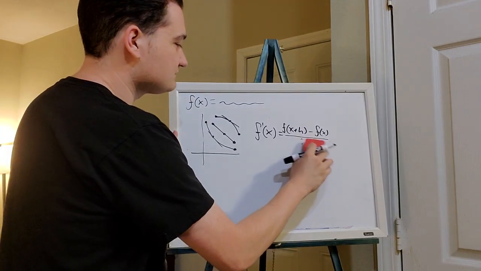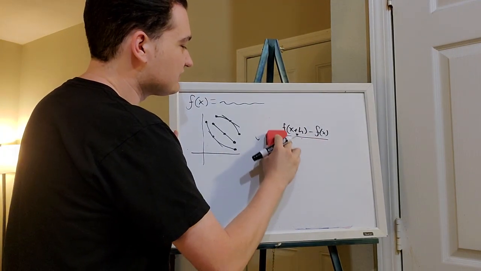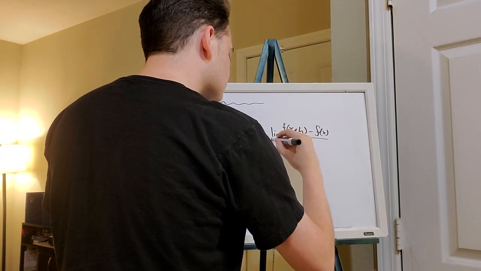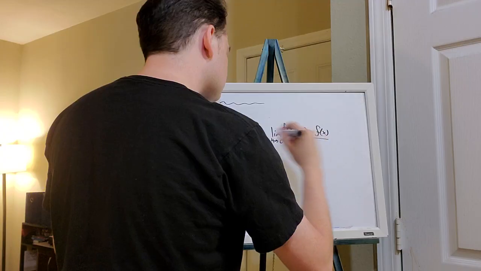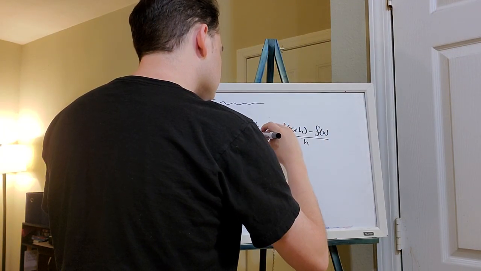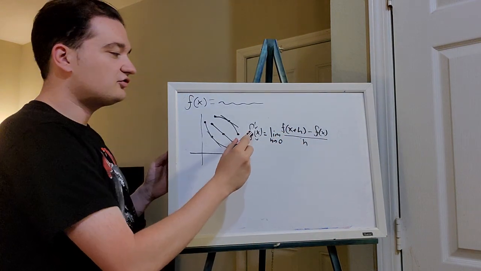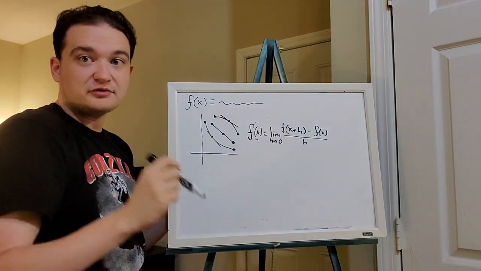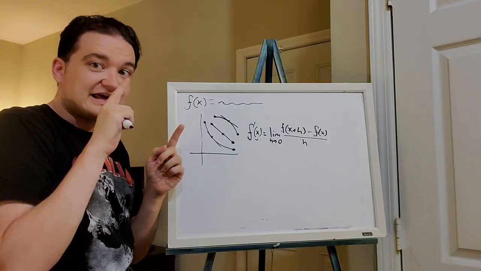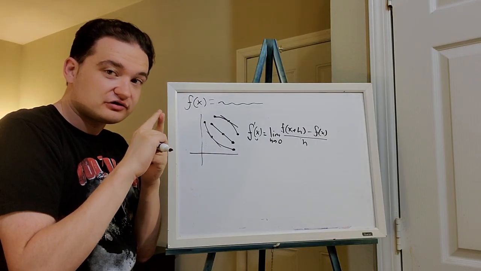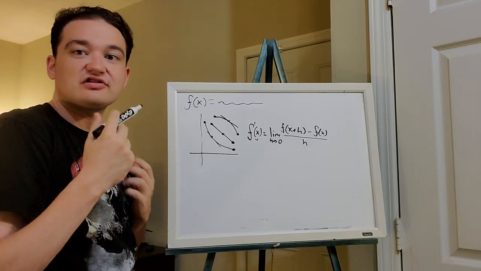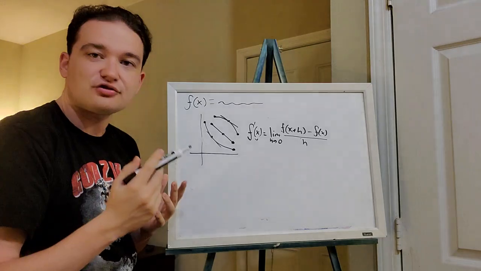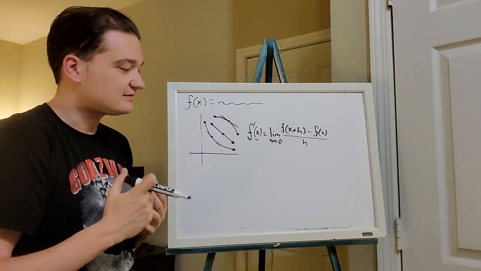That should be an h. So let me erase a fair bit of this. The derivative equals the slope between 2 points of the function as we bring them closer and closer together. Derivative is just slope at a point. This here, the slope of this tangent line, is the derivative at that point.